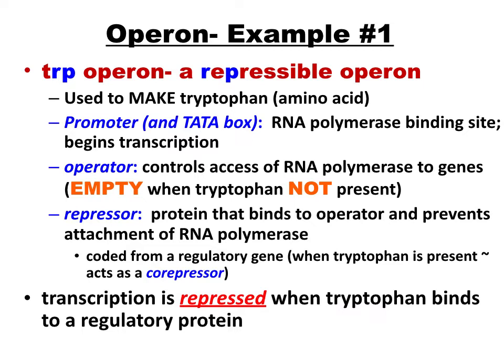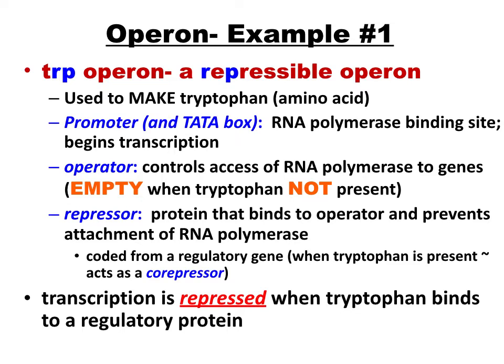But if there is enough tryptophan already present, either for whatever reason it hasn't been using a whole lot of it, or maybe the bacterium found a food source that provided a lot of tryptophan, then the bacterium doesn't need to make any more.